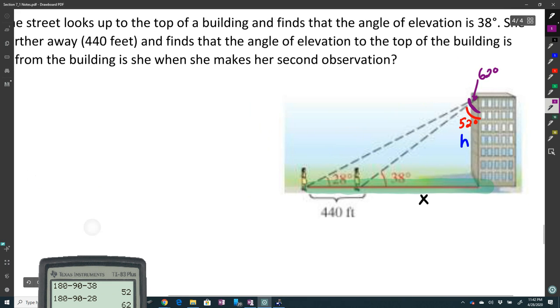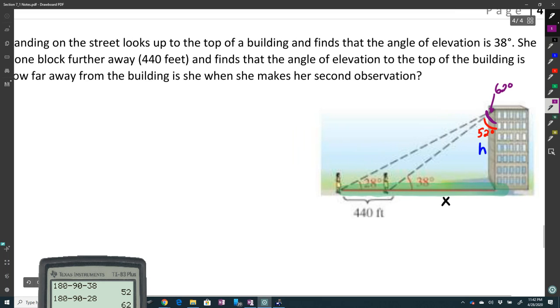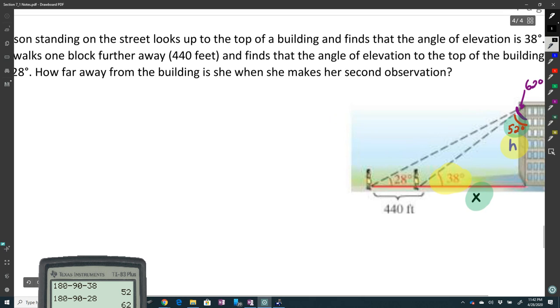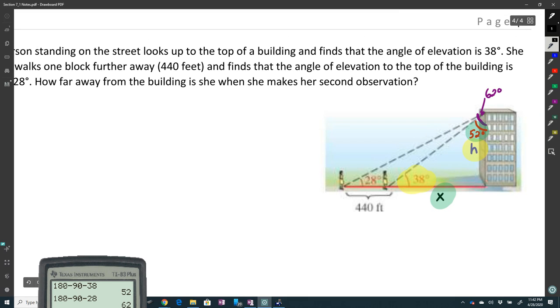All right, so now let's look at sides. Let's use my law of sines. Looking at my first triangle, I can see that I have an angle and its opposite side. So I can create an equation. Since I'm solving for sides, I'm putting the sides on top.